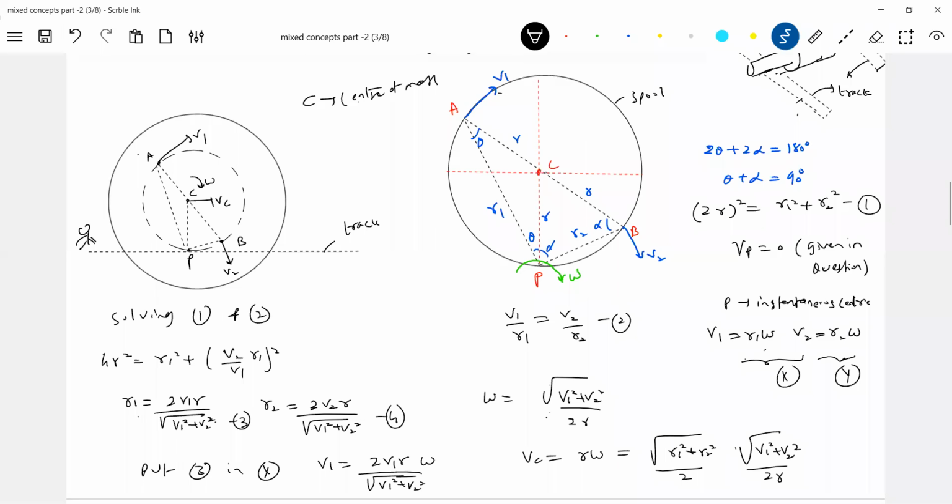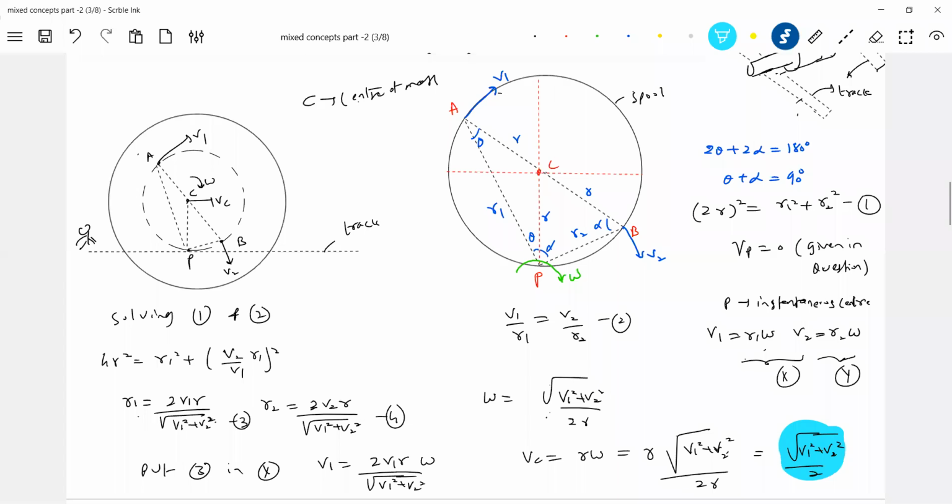Oh, what I did already. No need of this one. Already we have R into omega. Okay, so just simplify, no? This will be root of... So this will be our answer 1: velocity of center of mass.